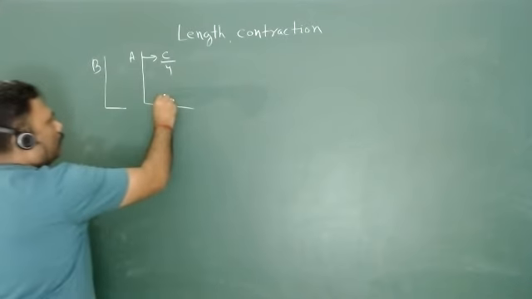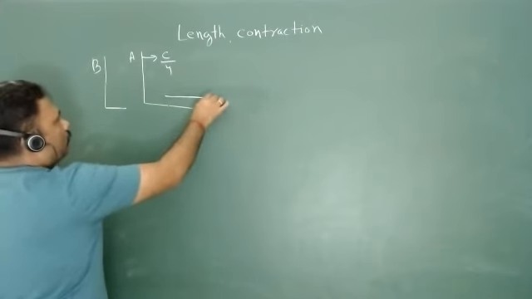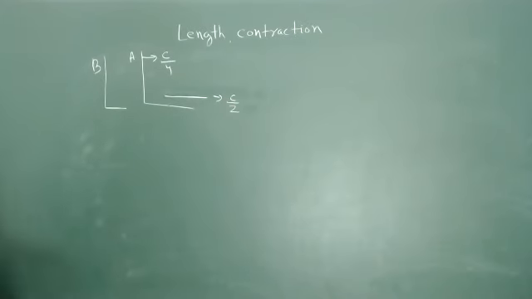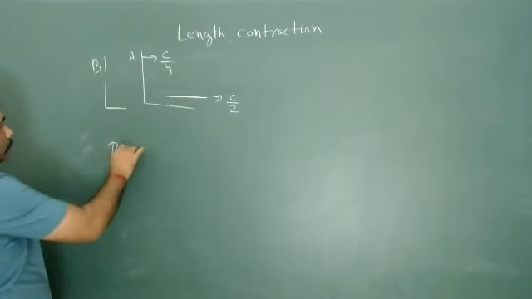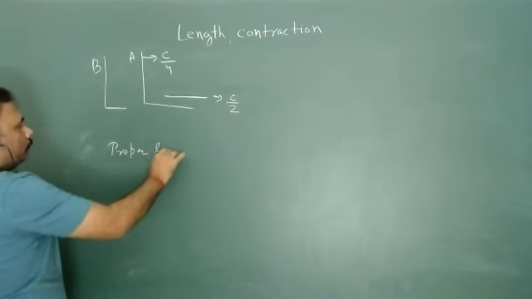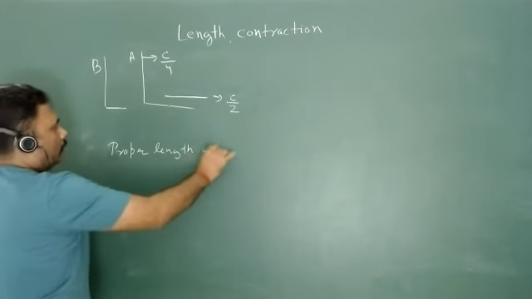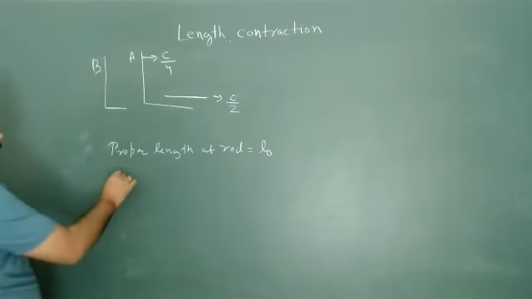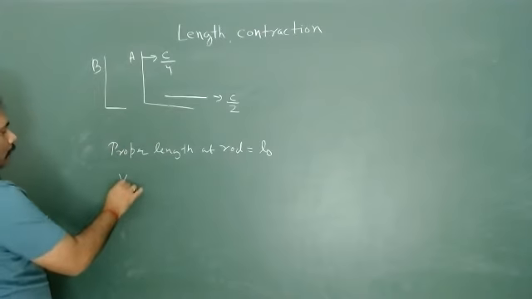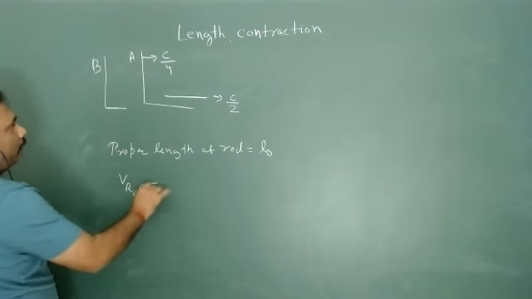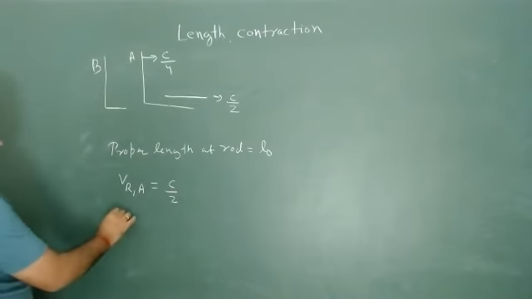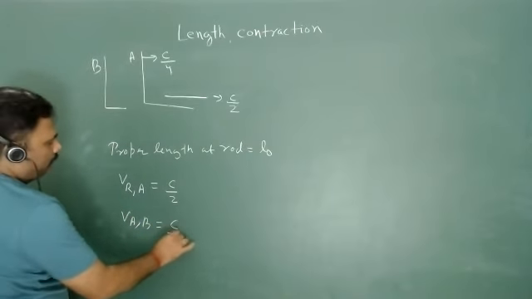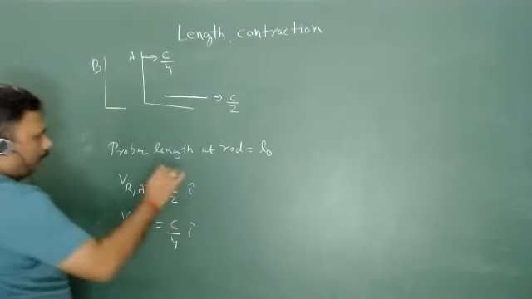So this is along the x-axis. Proper length of the rod is equal to L0, velocity of the rod with respect to A is c by 2, and velocity of A with respect to B is c by 4, both in the i cap direction.